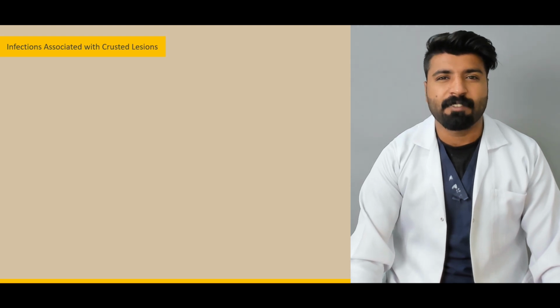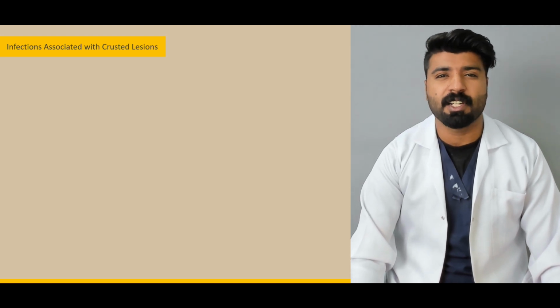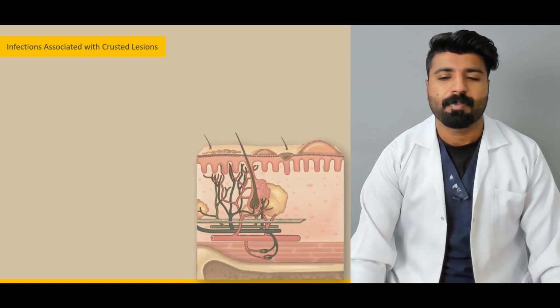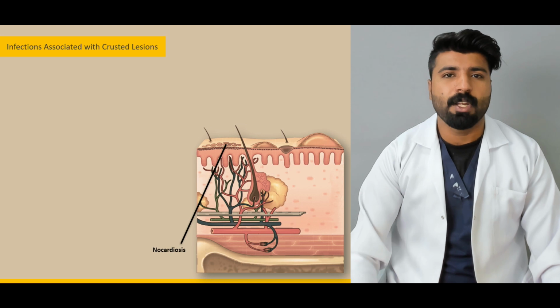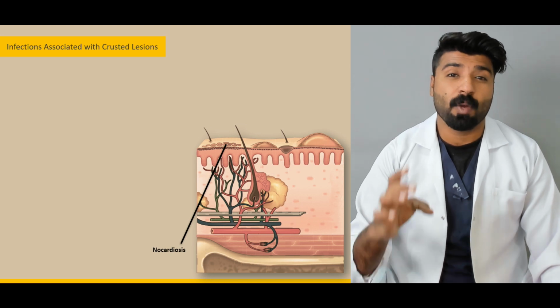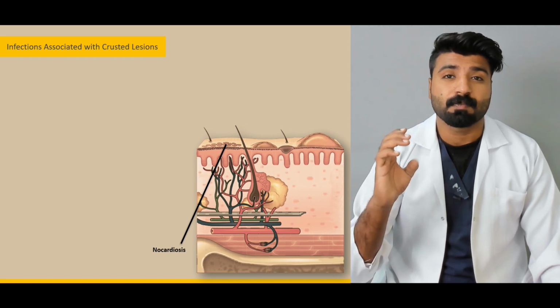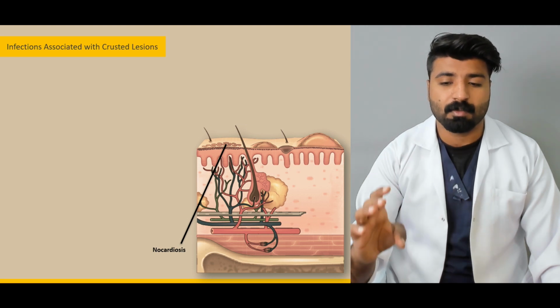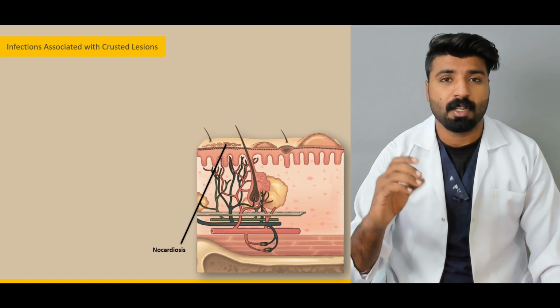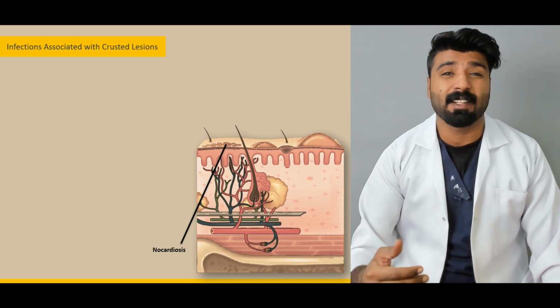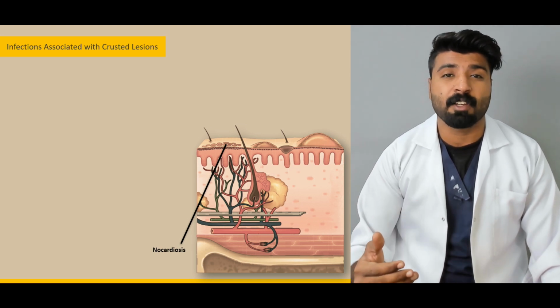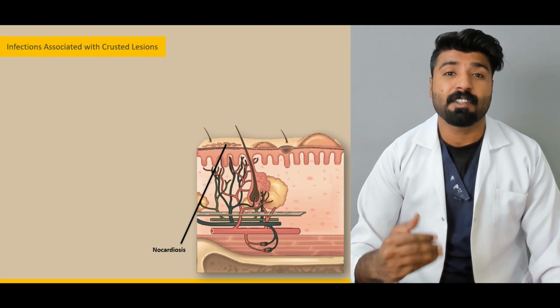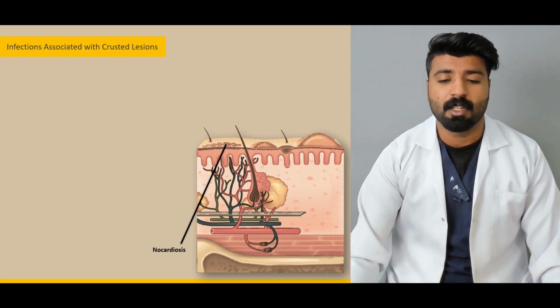But what are those infections which involve the formation of crusted lesions over that infected site? Now we look at the skin again. We look at the anatomical landmarks of the skin, or that diagram we talked about, so that we might get the idea which areas get affected more and which infection will lead to the formation of crusted lesions.